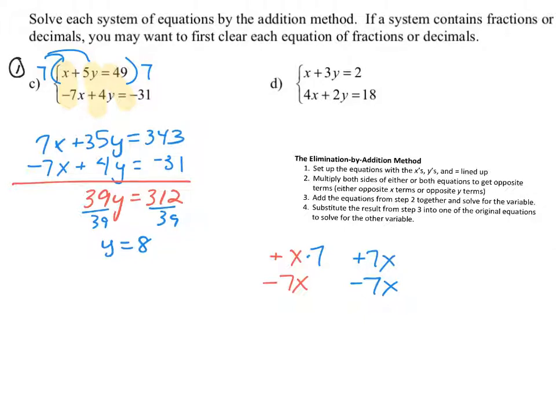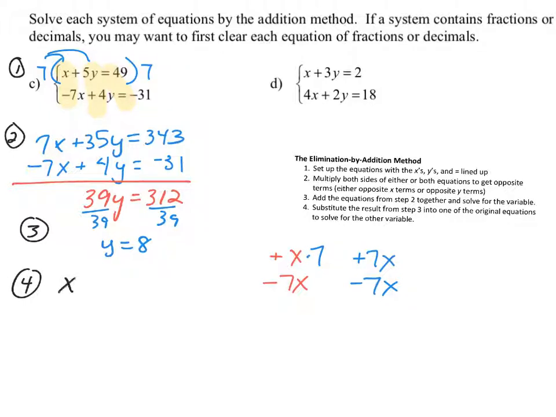So step number 1 was done for us. Everything was lined up. Step number 2, we had to multiply by 7 so that we ended up with opposite terms. And then step number 3 is to add those equations together and solve it to get one of the variables. Now on to step number 4, which is to take that answer from step 3 and plug it into one of the original equations.